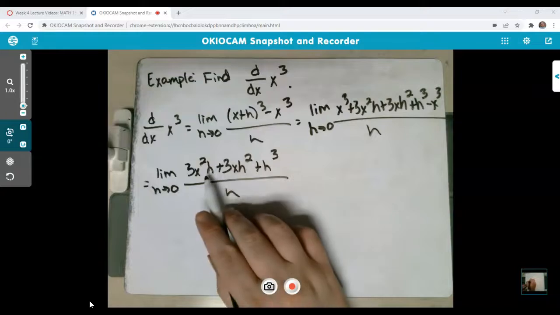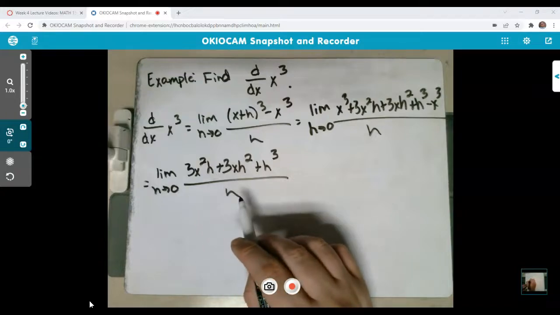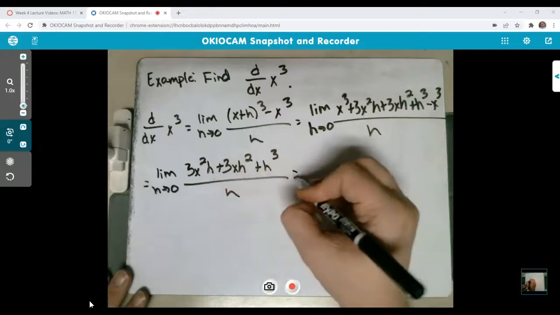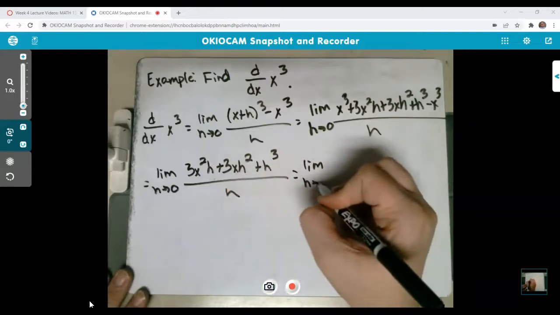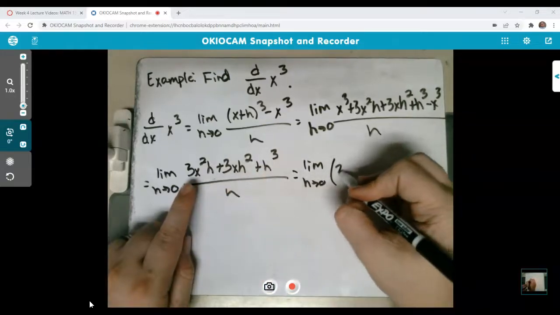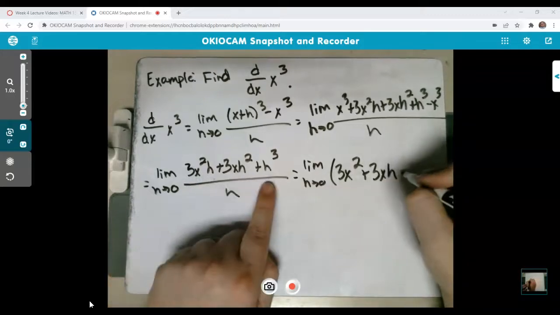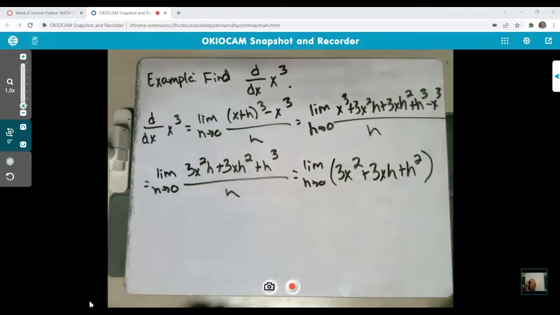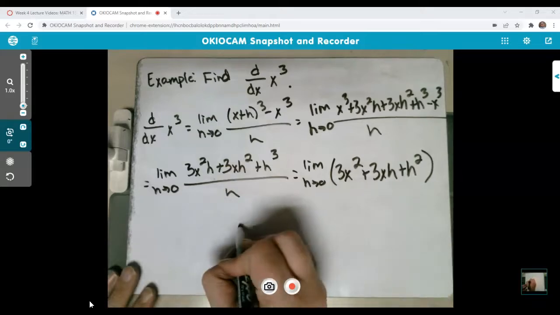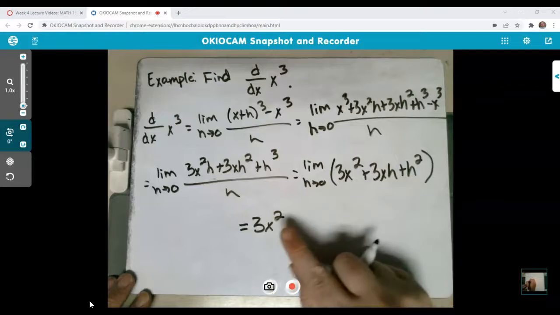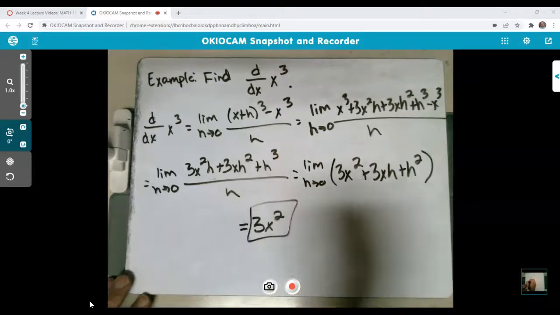All of these terms have an h, so we can cancel all of those out, which leaves us with the limit as h goes to 0 of 3x squared plus 3xh plus h squared. Now I can plug 0 in for the h, and that would give us 3x squared. So it's just 3x squared.